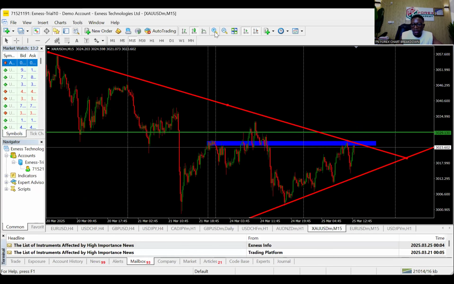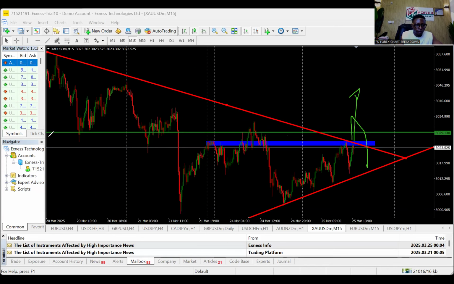So once it breaks here, I get an immediate entry, or I wait for it to break, come back and retest. I wait for it to break like this, right? Once it breaks, it's probably going to come back, retest, and it continues to the upside.